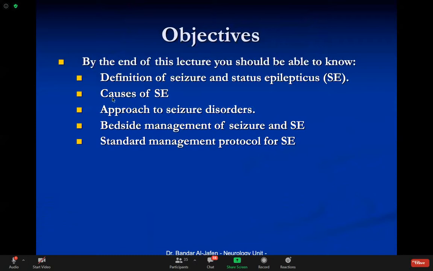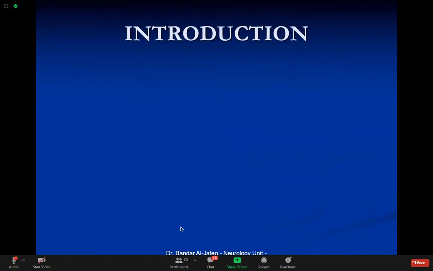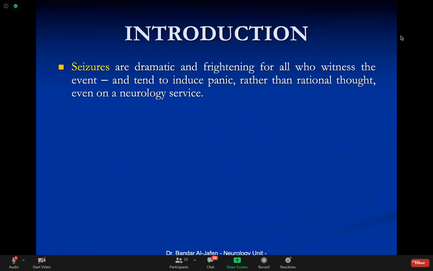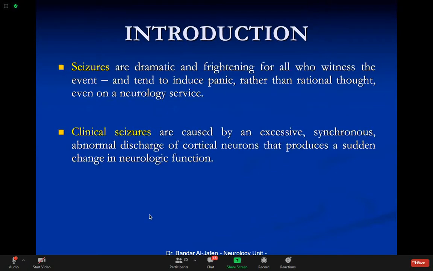Okay. By the end of this lecture, we want you to get an idea about the definition of status epilepticus and approach to managing a person in status epilepticus, okay? So we all know that seizures can be dramatic and frightening. We know what a seizure is caused by.